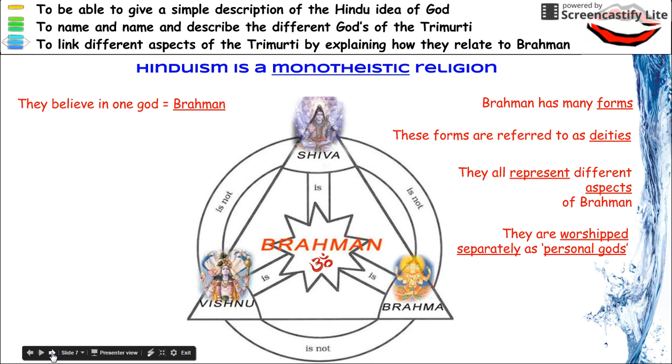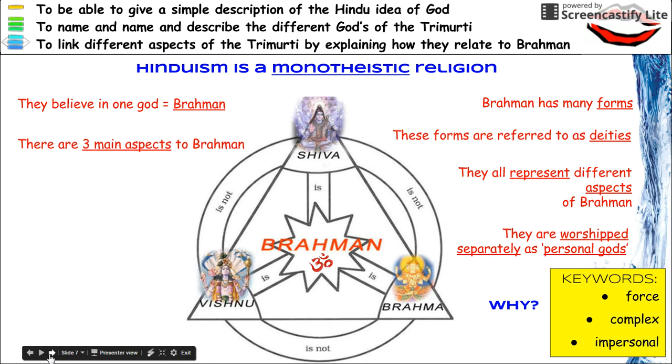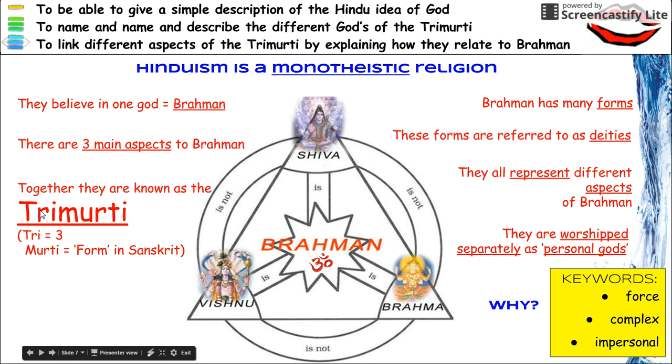So the three most important aspects of Brahman have a special name. And that special name is the Trimurti. If I had a tricycle, I'd be riding on a cycle with three wheels. Murti comes from an old Sanskrit, old Indian language word meaning forms. So the word literally means three forms.